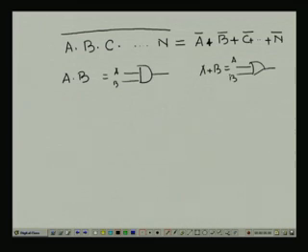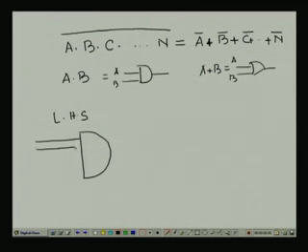So, now if we extend the operator for n such variables and we write this, the left hand side will be, say, I am taking an n input AND gate with inputs A, B, C dot dot up to n.